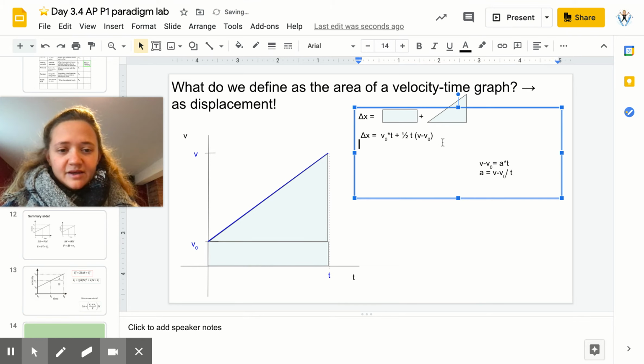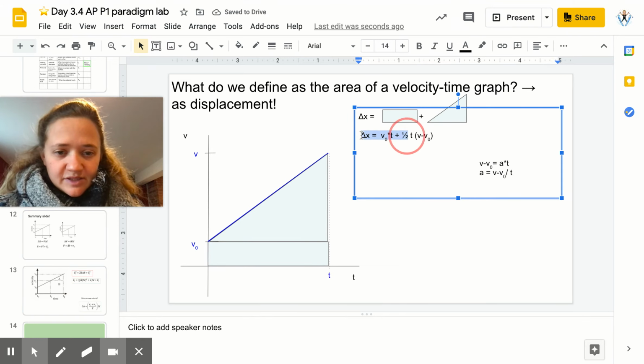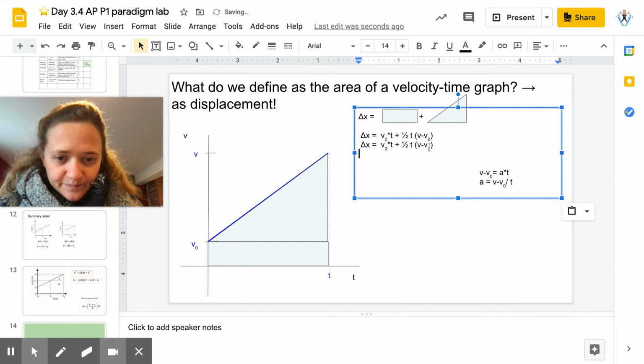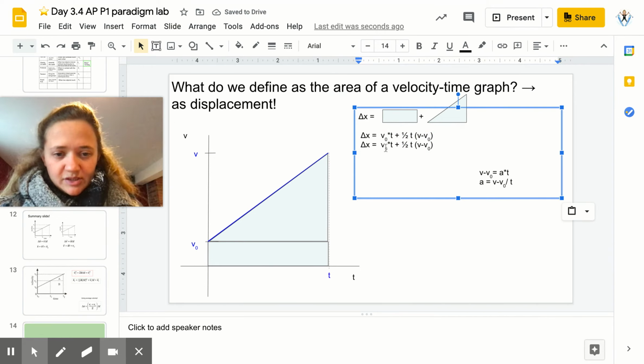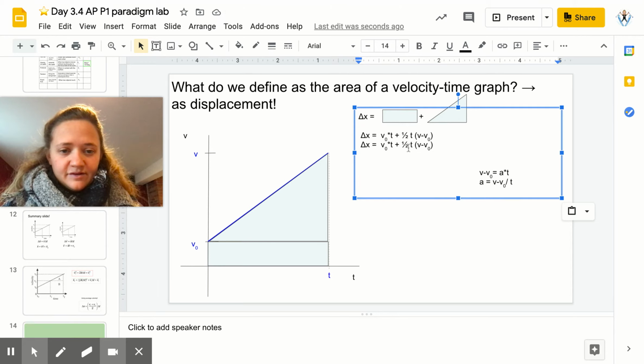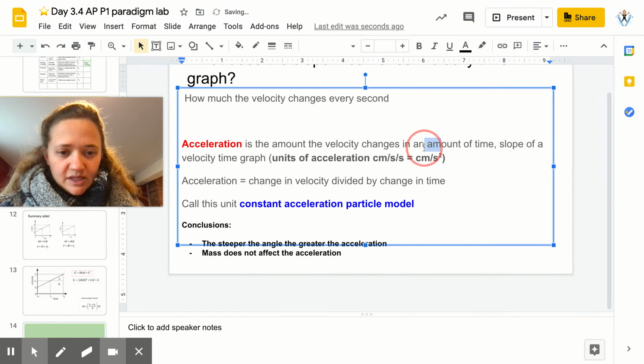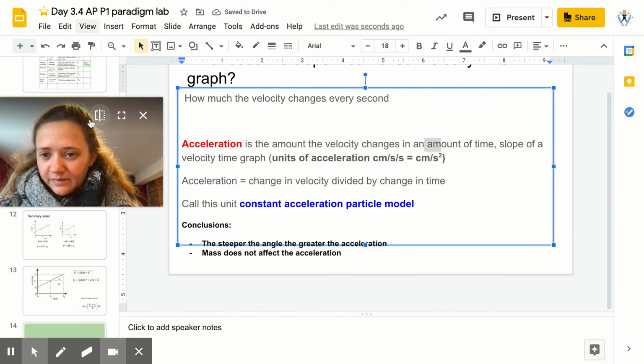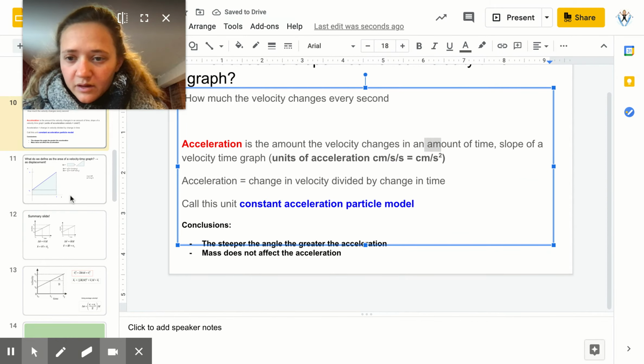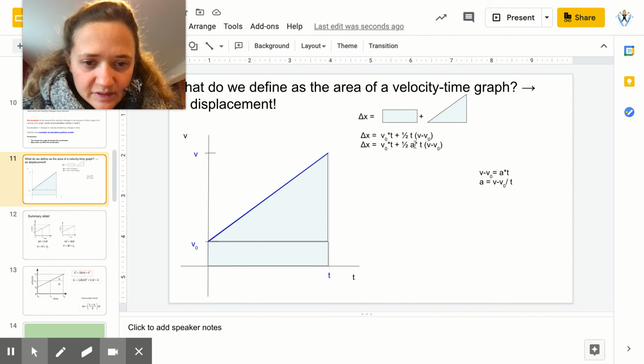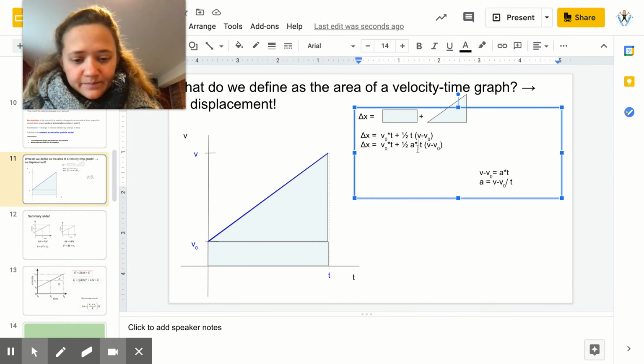So going back here, we can substitute that into our equation and get that our change in position is equal to v0 times t plus 1/2 a times t times t.